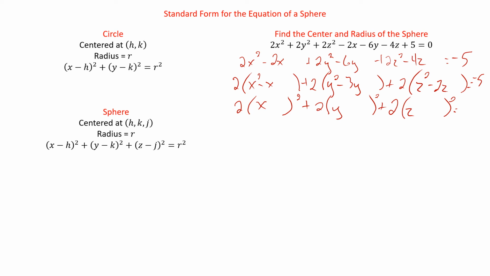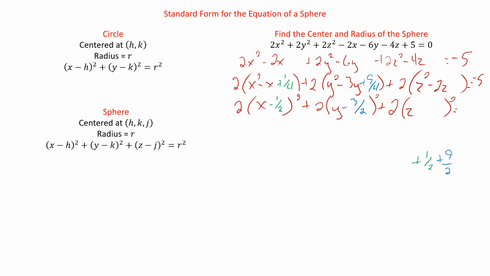First one, the x's, we divide by 2. Well, that's -1, so that'll be a -1/2 squared is plus 1/4. We have to add to the other side, but we don't add 1/4. It's 2 times 1/4, which will be plus 1/2. For the y's, -3 divided by 2 is -3/2 squared, plus 9/4 times 2 will be plus 9/2.